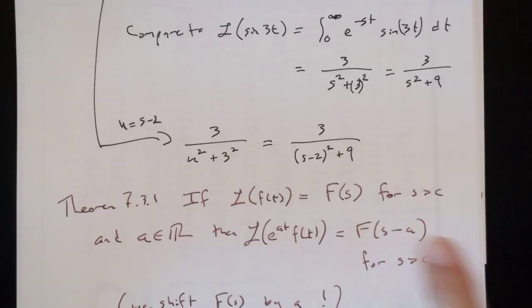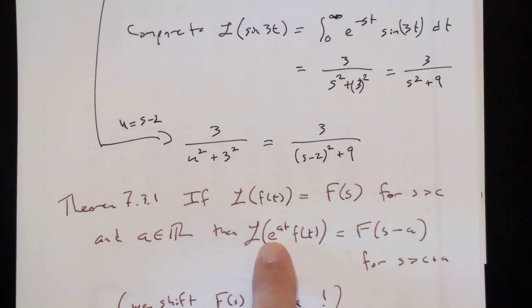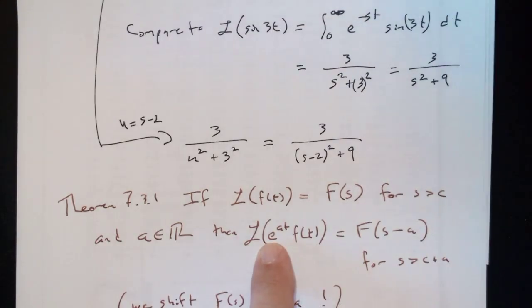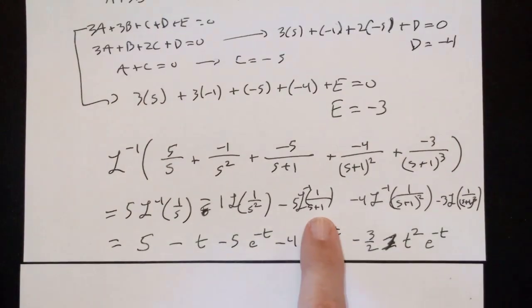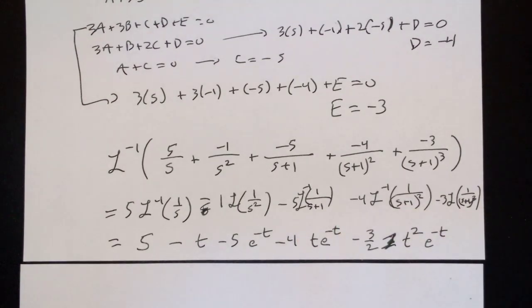Remember, when you add or subtract outside the function, like x squared plus 2, you move it up or down. But if you do x plus 2 all squared, you move it. I'm shifting because it's on the inside. So that shift means that there's an e in the inverse transform. When I say shifted, I'm thinking of this and this and this as being not just an s, but an s plus 1 or an s minus something. It's moved over.